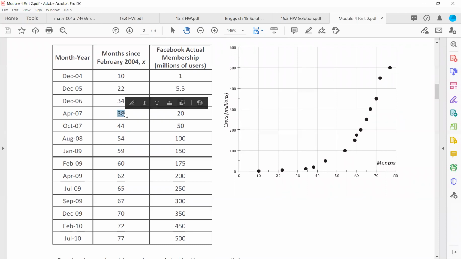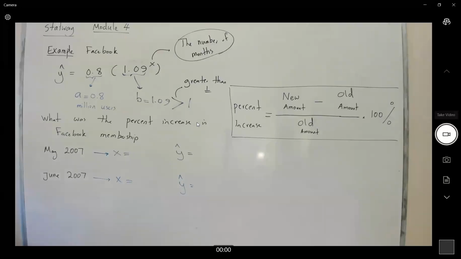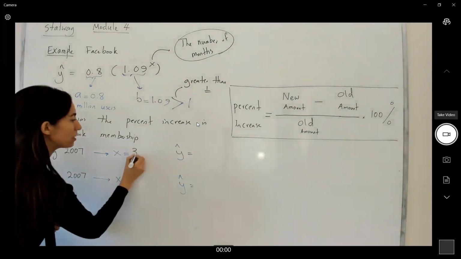So what would be your X value if I just jump 1 month ahead? So my X is 39.